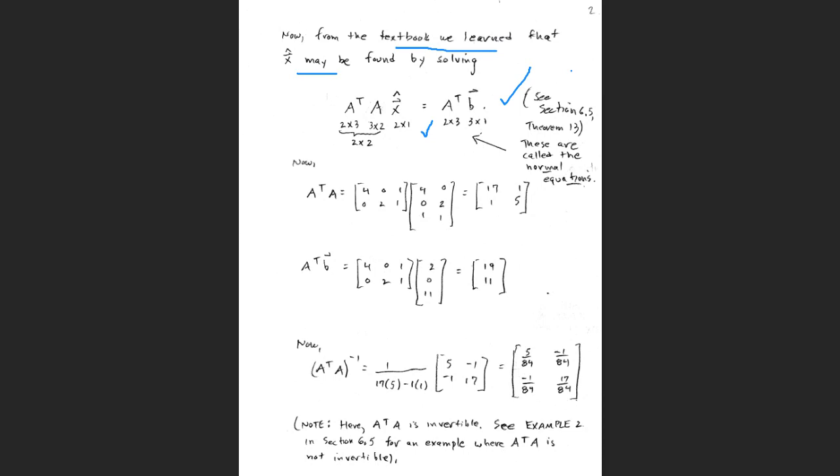And now we have to set up these. We're trying to solve for the vector x, that 2 by 1 vector, but we need to figure out what A transpose A is, and we need to figure out what A transpose B is. And that I do below here.